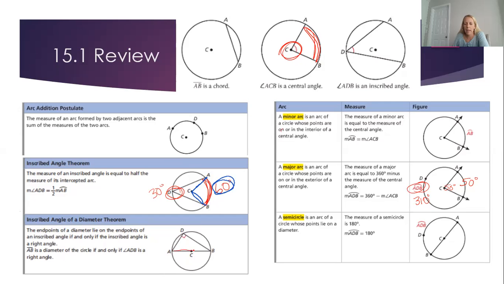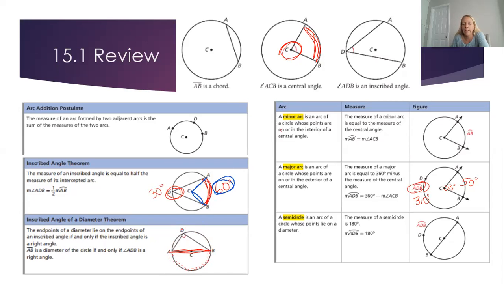Obviously AB is a diameter forming the semicircle ADB. So let's combine everything that we've just learned. We know that ADB is 180 degrees. Well, then that means this part of the circle is also 180 degrees. Because what is an entire circle? 360.